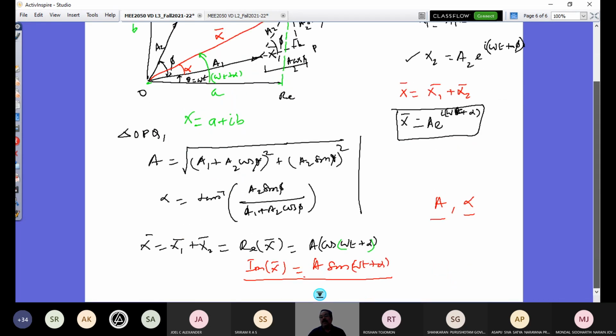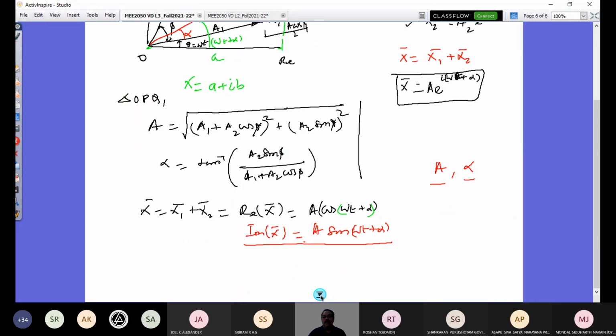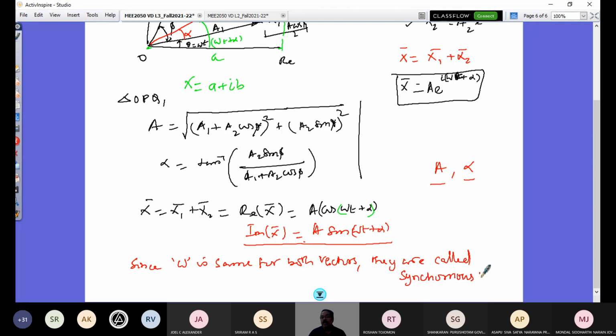Since the omega of both vectors is the same, when they are added, they are called synchronous vectors.